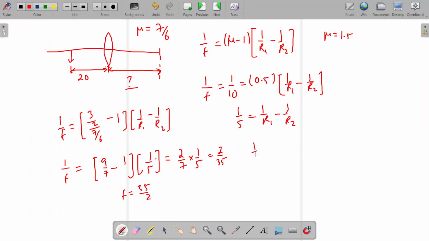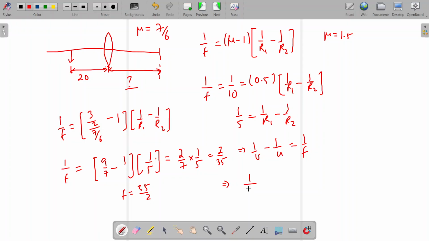Now let us try to form an image. P is the image distance.